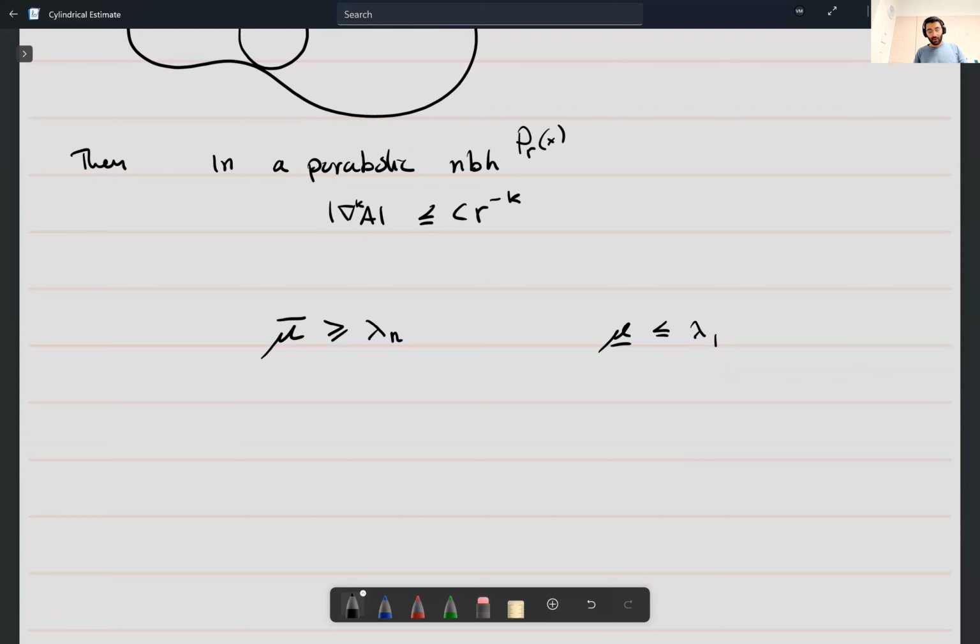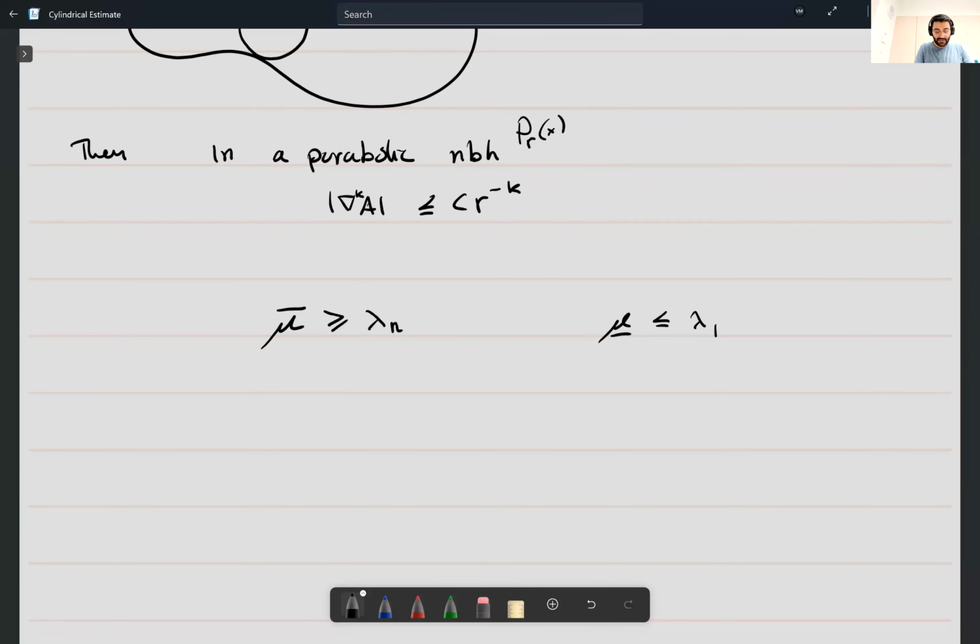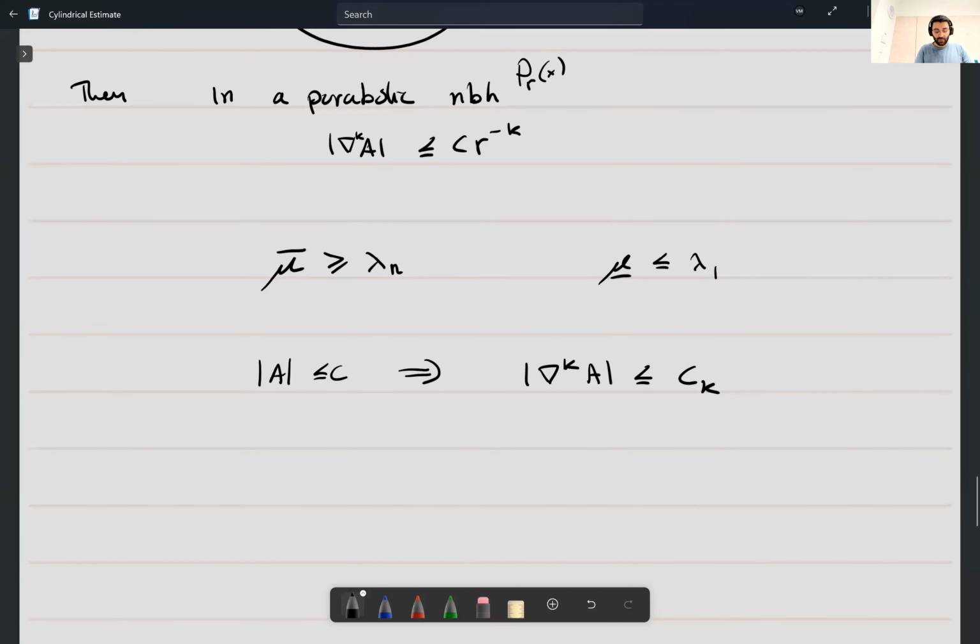Now if I know that A is bounded, then that's all I need to prove, because then I can use these interior estimates by Huisken to prove that these higher derivatives, C k, are also bounded.